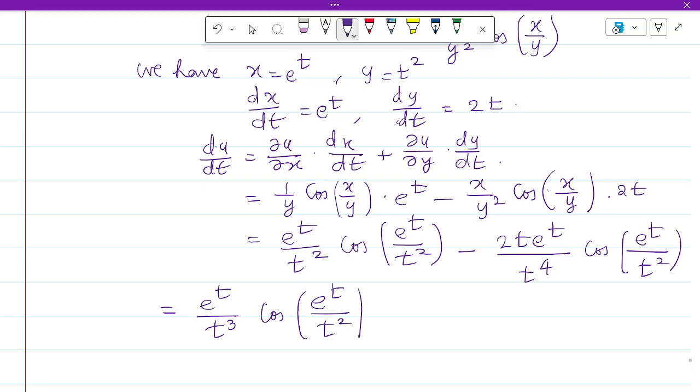So e power t by t power 4, t square is there here, therefore t gets cancelled, leaving t cube, so therefore remaining is t minus 2. This is the value of du by dt. It is the answer for this.